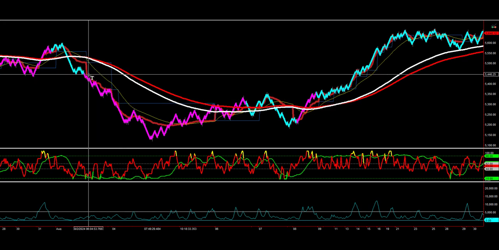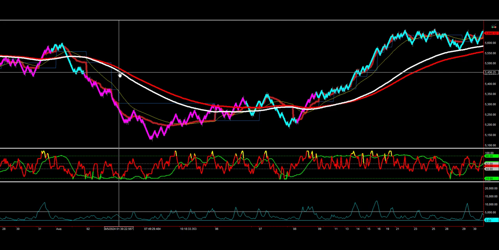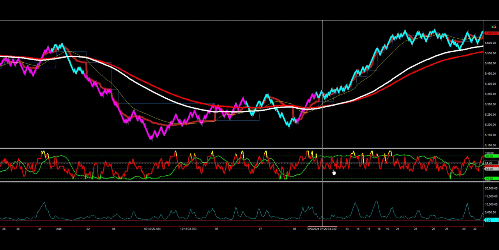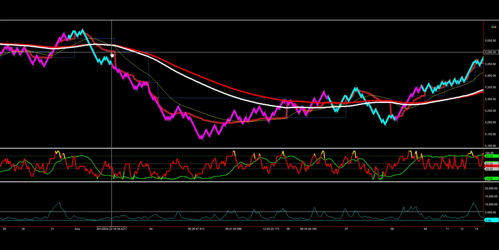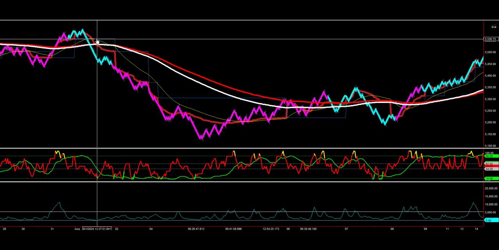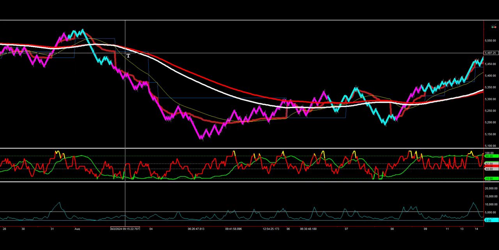These are VWAP lines. This is VWAP, VWAP, VWAP, VWAP, VWAP, and these are the averages of these VWAPs. This big fat line you see here is a VWAP. The yellow one is also a VWAP. This is a VWAP of the close of the prior day.